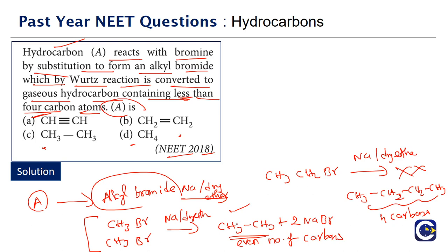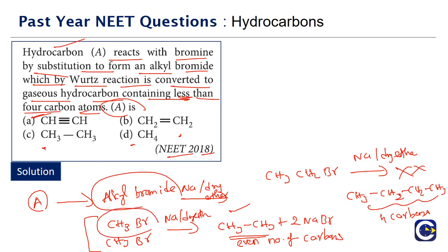As you go higher, the number of carbons in the final product of the Wurtz reaction is double that of the original alkyl bromide. So the only case where the final product has less than 4 carbons is when we do the Wurtz reaction with methyl bromide.